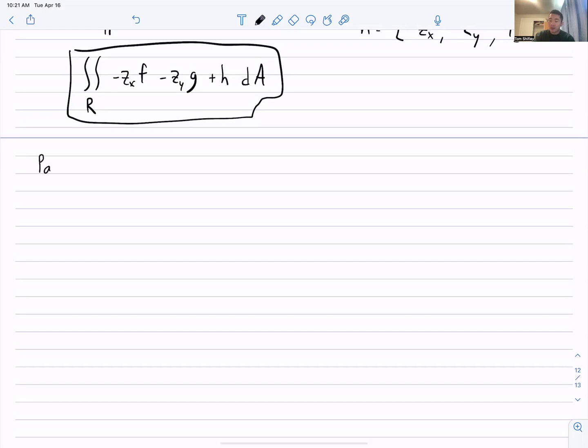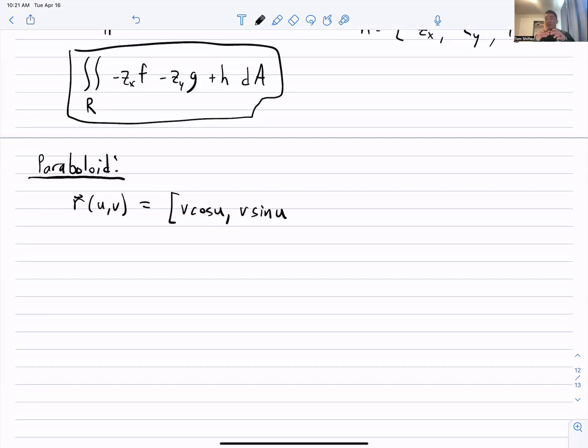So for the paraboloid, if I gave you one this difficult, I would just give you the parameterization. So let's start with the parameterization. r(u, v) equals, I believe we want v cosine u, v sine u. That represents a circle of radius v, which at every v slice a paraboloid does, where v is kind of representing our z.